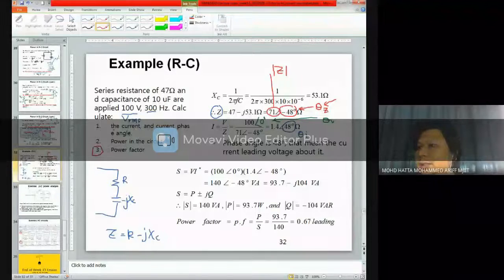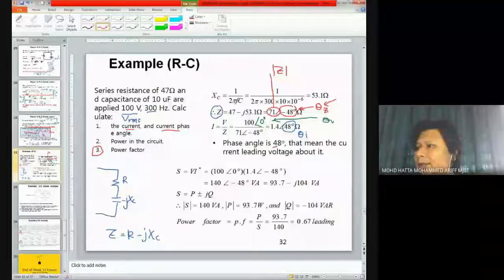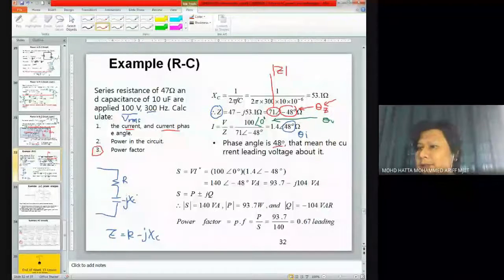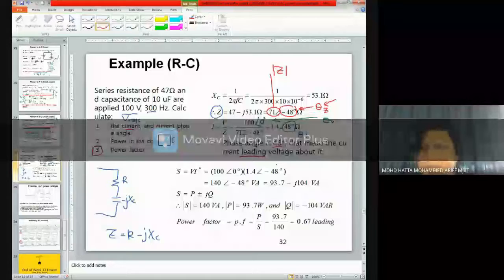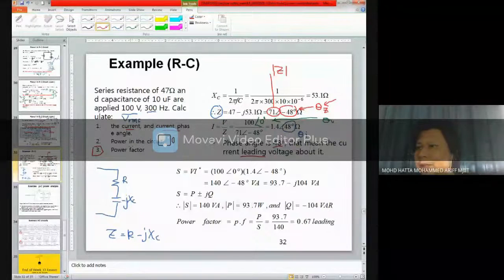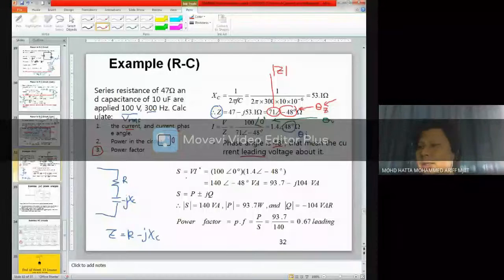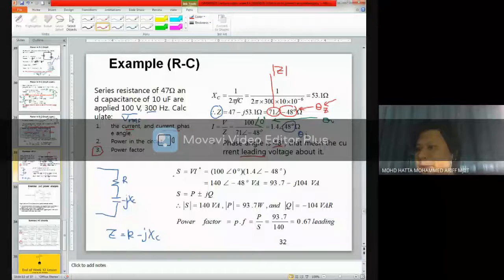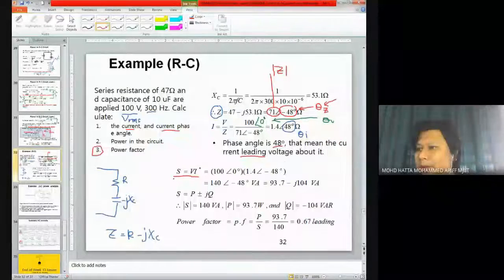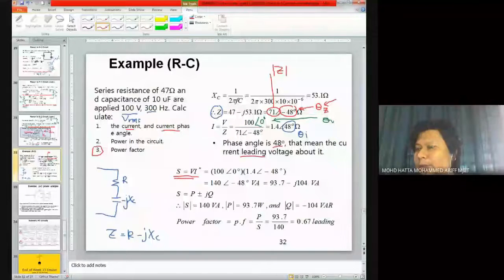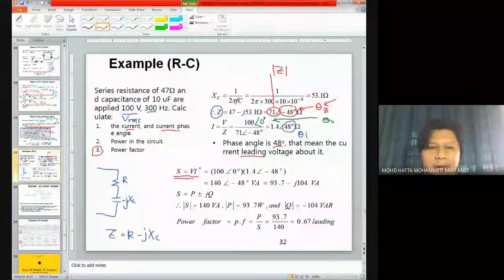The first one, I think it's settled with the current value, and the current phase angle is given by 48 degrees. And since this is RC circuit, here we have a current leading the voltage. All right, for the power in this circuit, the fastest way to calculate the power is by using this equation. Because by using this equation, we will get all information of power.